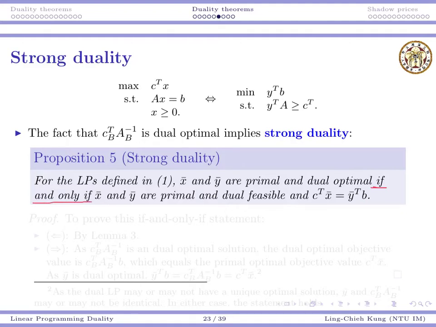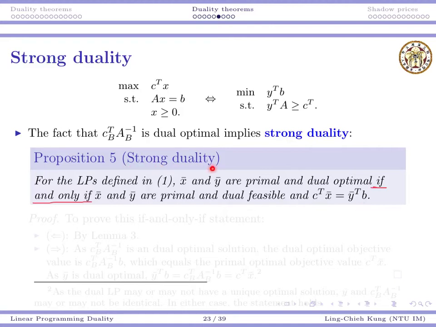If you go back to check, we gave you one sufficient condition for optimality. We mentioned that if this is true, then they are optimal. Now we are extending that sufficient condition. We are saying that that condition is sufficient and necessary. If x bar and y bar are both optimal, then they satisfy these constraints definitely. It cannot have any exceptions.